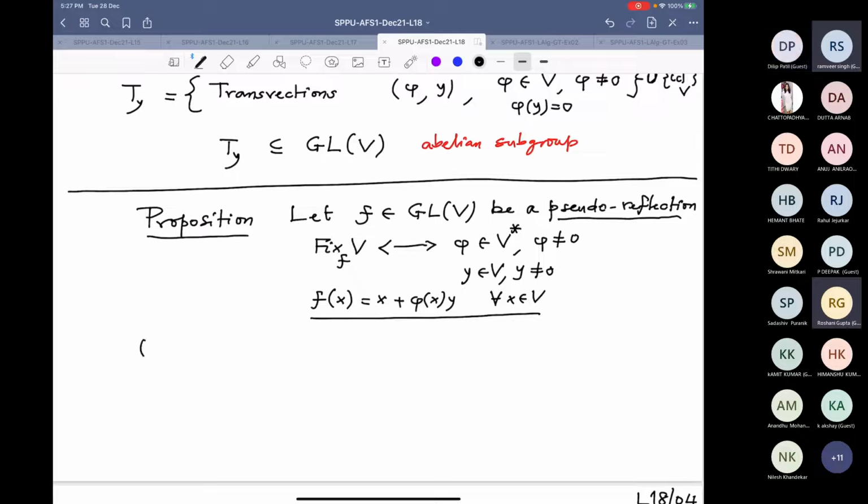First thing, I want to write a good matrix for this linear map. And I want to choose a good basis so that the matrix is good looking. So F, assume that, suppose that F is a transvection.